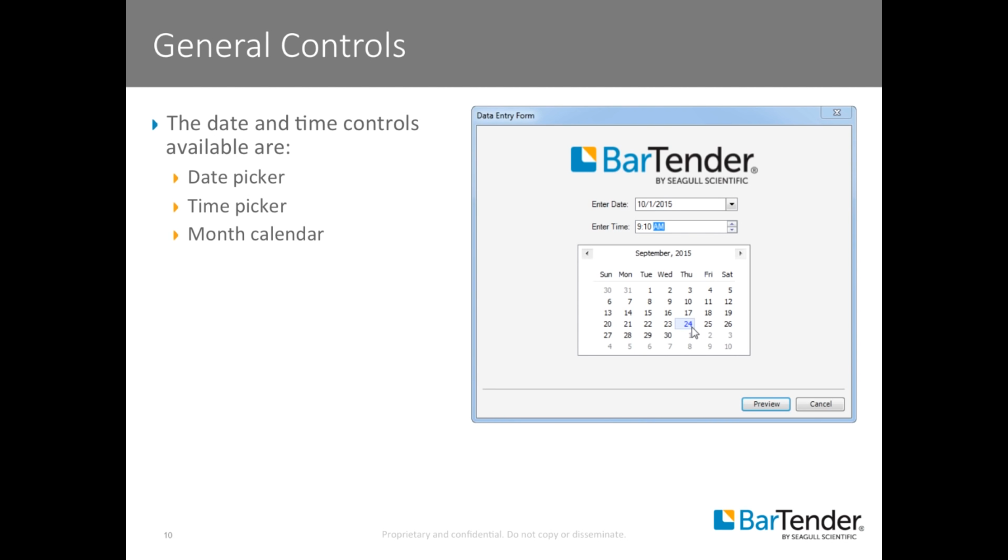And you also have options on the data source level to format these. So if it should be in a certain format or even a custom date format, you're able to set that in the data source, and then at print time you will have these controls here that will populate your label.